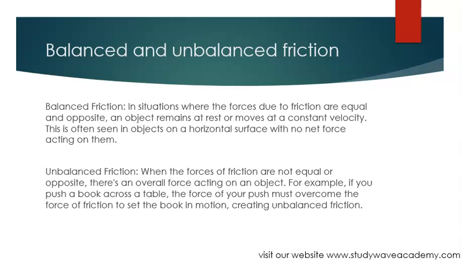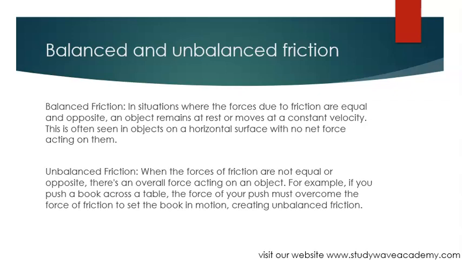So in balanced friction, in situations where the forces due to friction are equal and opposite, an object remains at rest or moves at a constant velocity. This is often seen in objects on a horizontal surface with no net force acting on them.